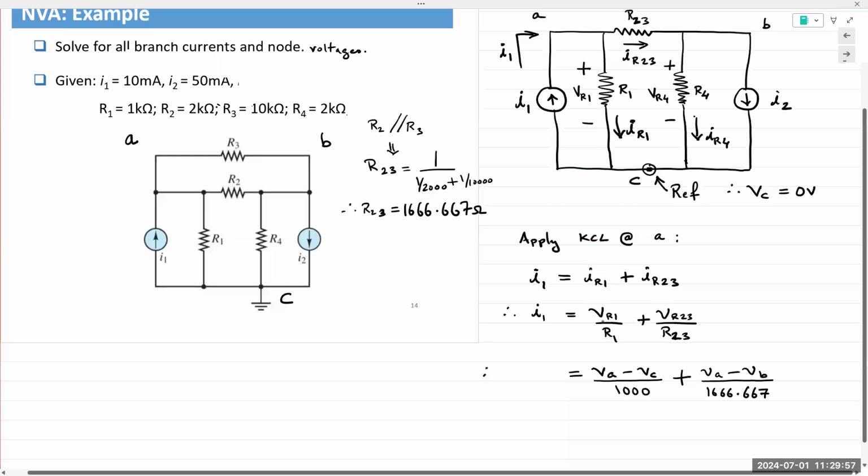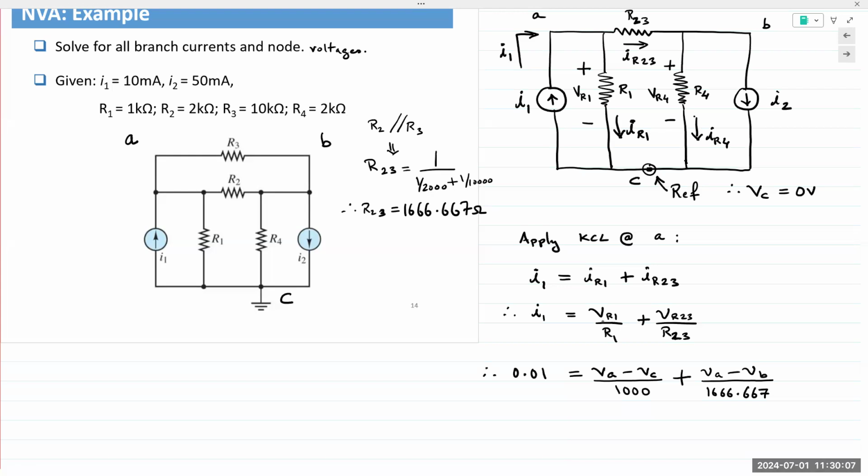And then I1 is 10 milliamps, which is 0.01. Okay, you plug in all the known values and you obtain your coefficients.